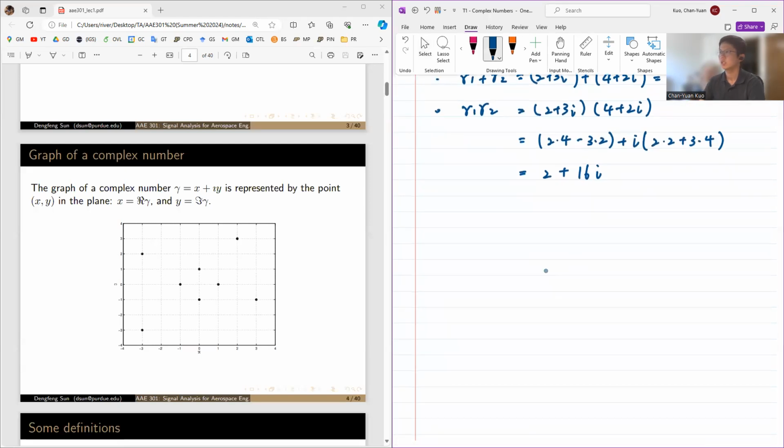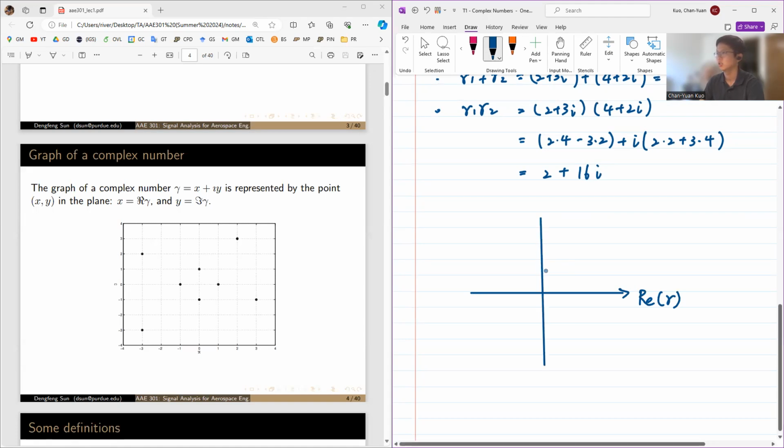Now let's talk about how we can visualize the complex number. So to visualize the complex number, we can draw them on a complex plane. So the horizontal axis of the complex plane will be the real part of the complex number, and the vertical axis will be the imaginary part of the complex number.